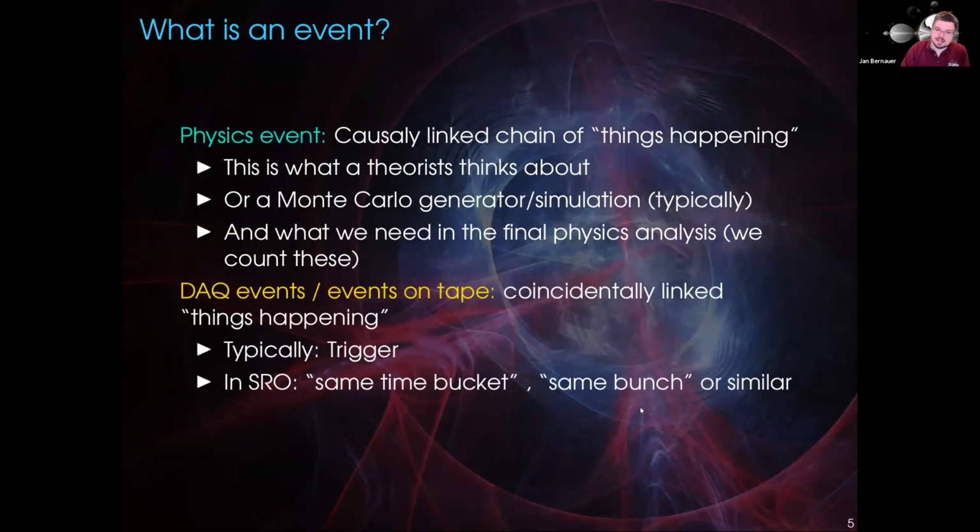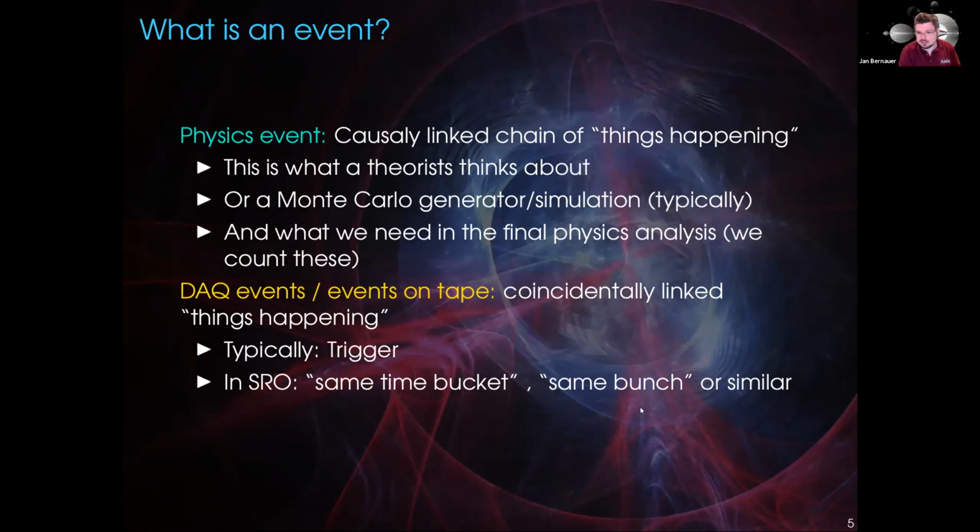But on a DAQ side, we have a different type of event. That's what we have on tape, on disk, or whatever, which is not linked by causality, but by coincidence, right? It's things happening at the same time. So typically we associate a trigger with it. So if you have a trigger, that produces an event, right? Or maybe multiple triggers fire at the same time and they all produce one event then, right?